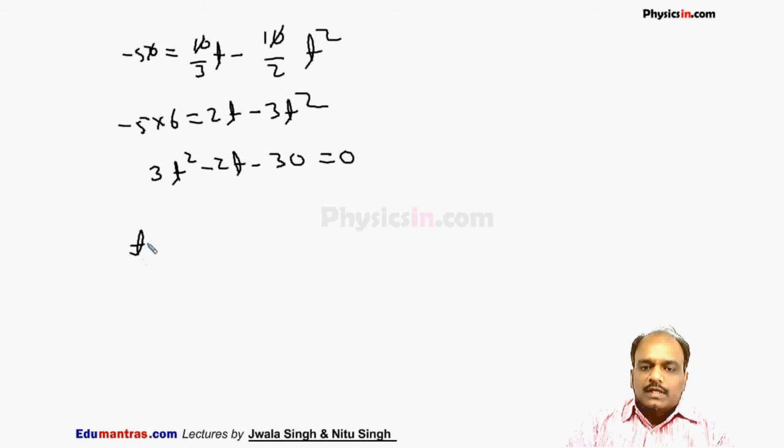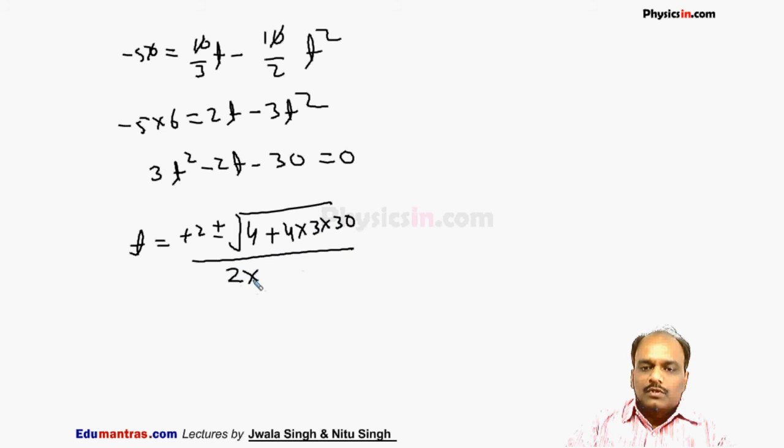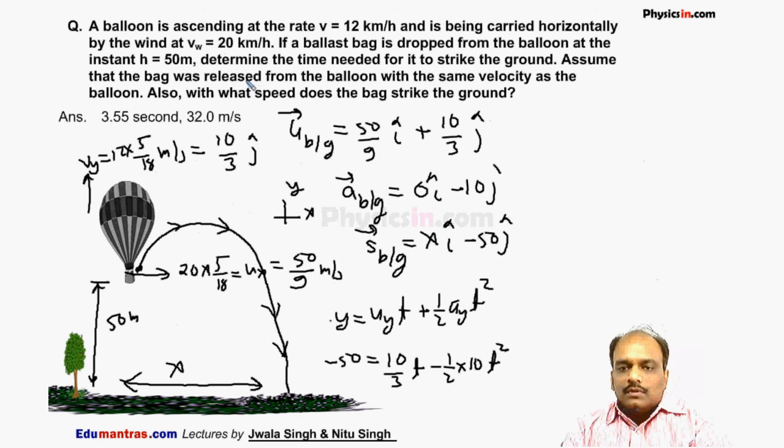So from here we can say t is equal to plus 2 plus minus square root of b square, means 2 square 4, minus 4ac, since this is minus here so it becomes plus 4 into 3 into 30, divided by 2a, means 2 into 3. Solving this quadratic we get t, we will choose only the positive value, so t comes out to be 3.55 second. This is the time of flight.